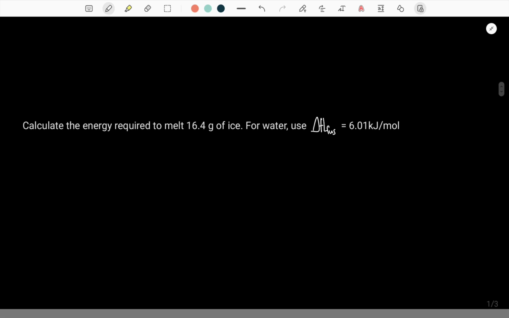Here it says to calculate the energy required to melt 16.4 grams, which is very important, so you have to check the unit here, of ice, which is water, and we have the delta H of fusion, which is in moles, so kJ per mole. First thing we need to do is convert 16.4 grams of ice into moles.